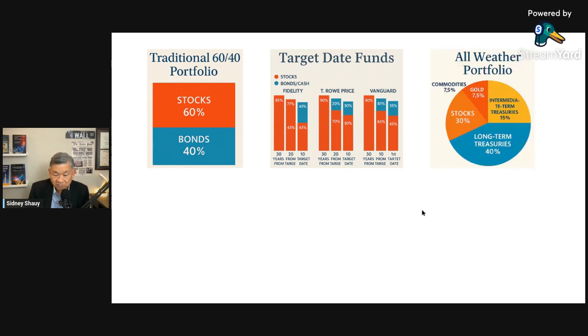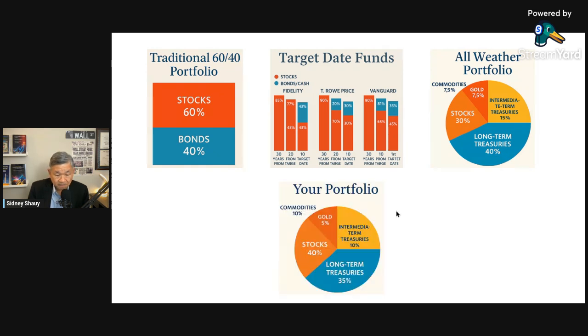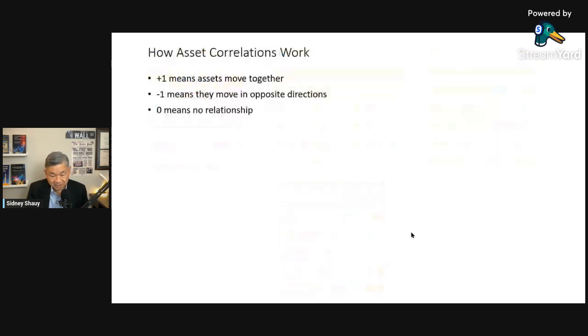And there's also the famous all-weather portfolio popularized by Ray Dalio. They all need correlation to work in order to deliver what they propose. And of course, your portfolio, my portfolio: when we build our portfolios, we do basically the same. The allocation may change, and the assets we choose may change, but that's the idea.